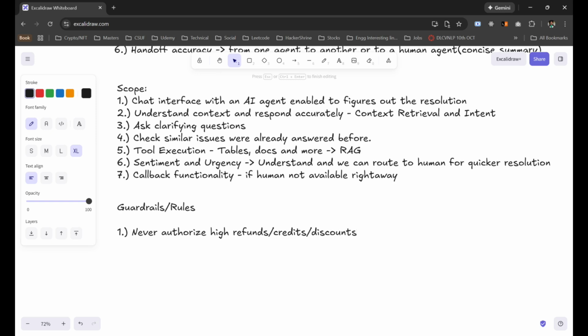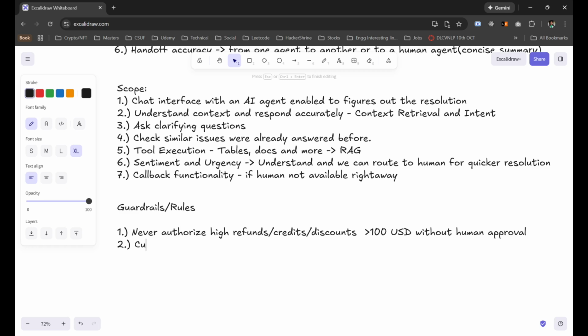You can give a range, like more than maybe $100. You shouldn't authorize this without human approval. This makes sense, right? What if it does it twice or thrice and then it goes back to your previously solved issues database, and then when someone new calls, now it is still doing it? So the human approval should always be there for stuff like this.